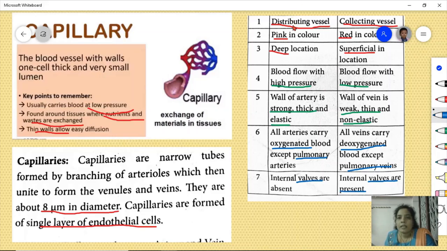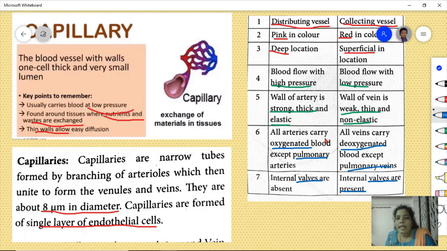Once again we can go through this. First one, distributing vessel, collecting vessel. Arteries are pink in color and veins are red in color. Arteries are found in deep location, veins in superficial location. Blood flows with high pressure, blood flows with low pressure. The walls of the artery are strong, thick and elastic, here weak, thin and non-elastic.